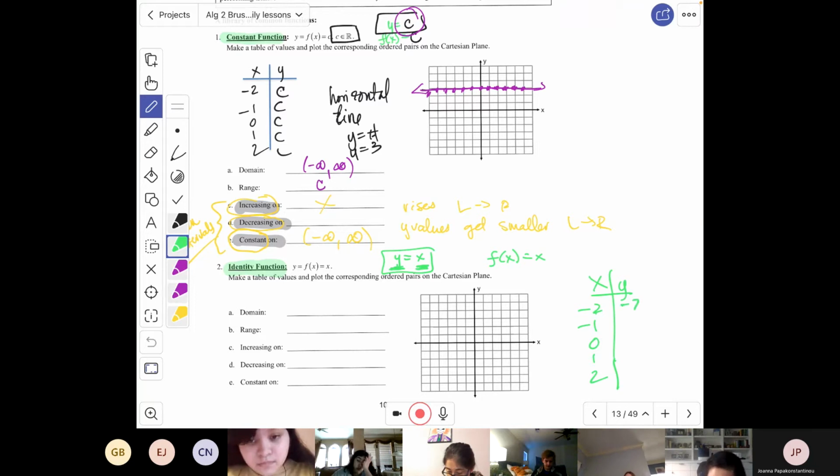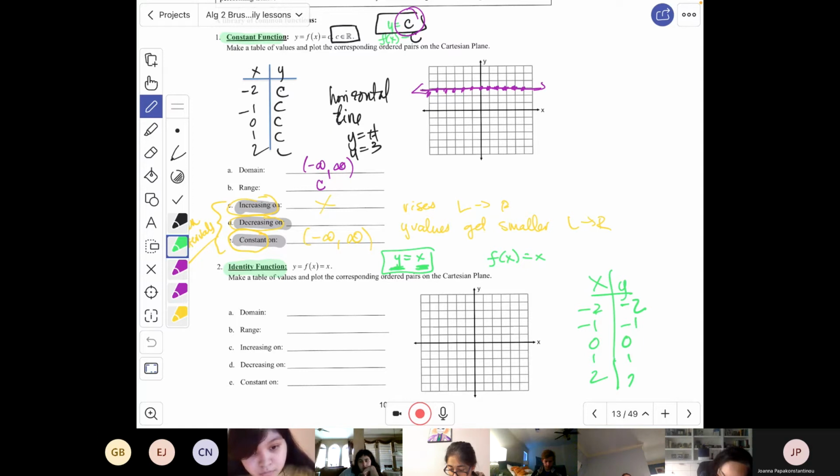It is -2. Okay. Well, what if I substitute in -1? Can somebody else tell me what the y value is if I input -1 for x into the identity function? -1. Exactly. Well, in fact, this is true for every y value. It is the x value.